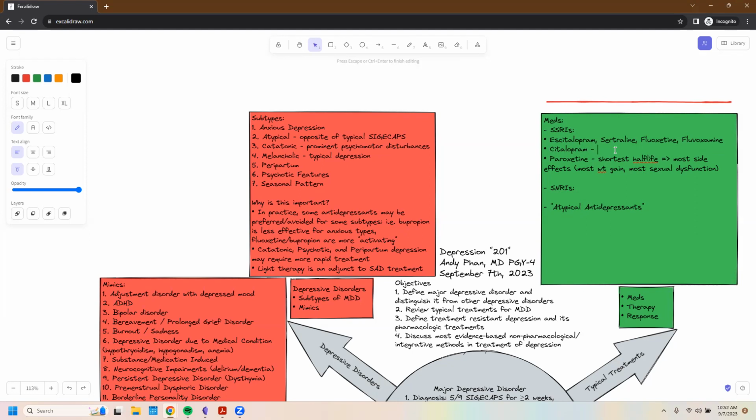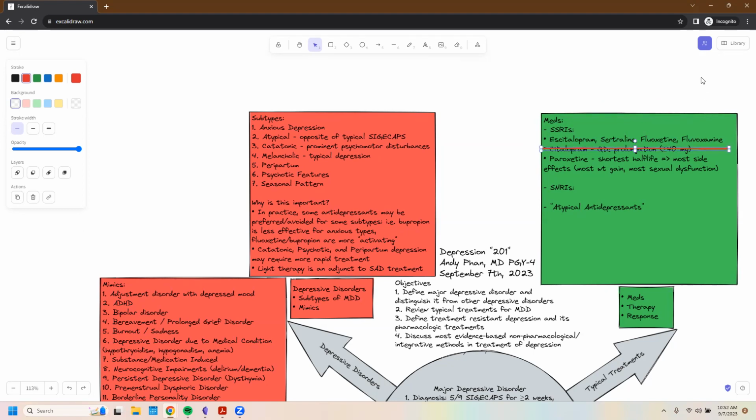Citalopram, yeah, good. So QTC prolongation. Basically, you can't really use it if it's greater than 40 milligrams. And basically, the minimum therapeutic dose in the studies is 40 milligrams. There have been some follow-up studies that showed that it's not that big of a risk.